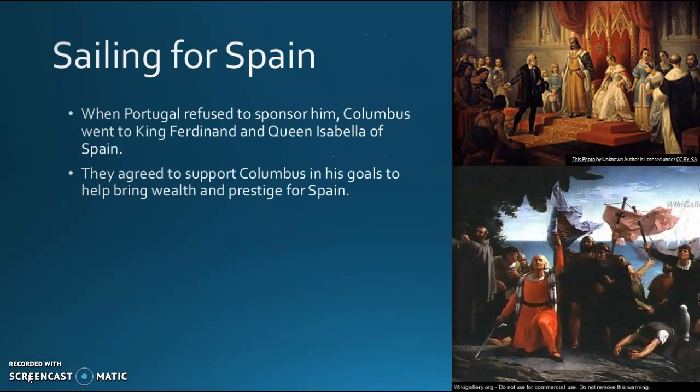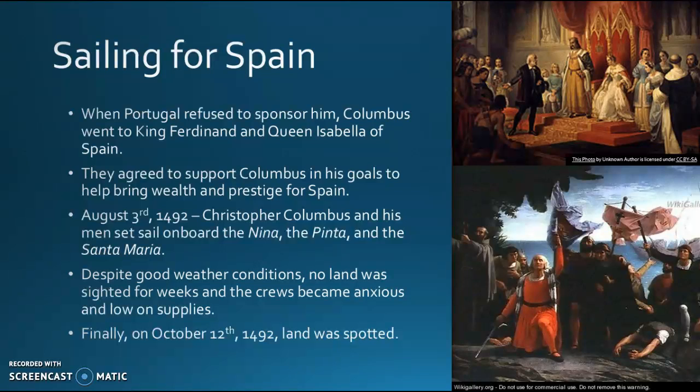Sailing for Spain. When Portugal refused to sponsor him, Columbus went to King Ferdinand and Queen Isabella of Spain. You can see that picture here. They agreed to support Columbus in his goals to help bring wealth and prestige, or honor, for Spain. So on August 3rd, 1492, Christopher Columbus and his men set sail on board the Nina, the Pinta, and the Santa Maria.